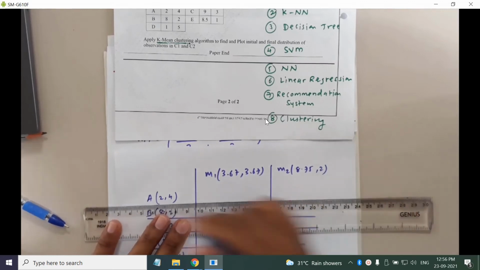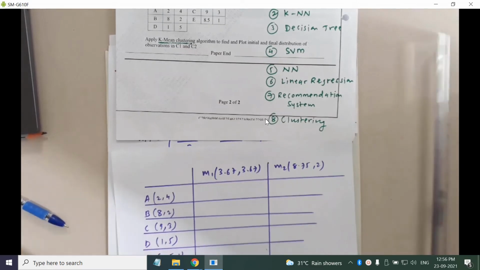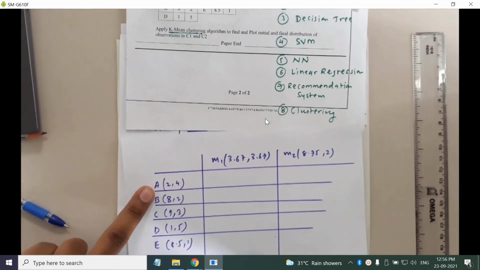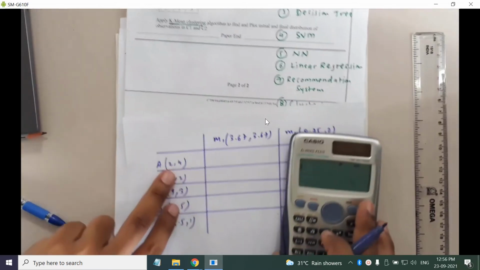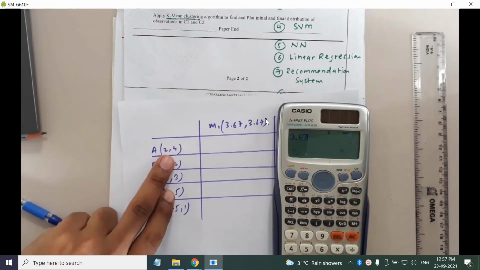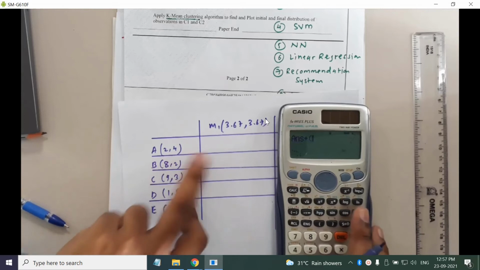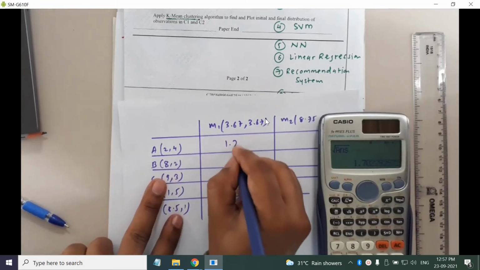So now use the distance formula to calculate the distance. We are finding all possible distances: A from M1, A from M2. So put the values. The difference, 3.67 minus 2 and square of that, plus 3.67 minus 4 and square of that, and square root of the answer is 1.7.